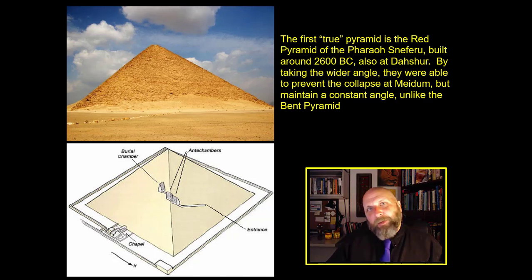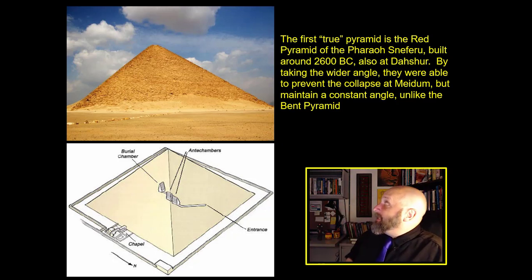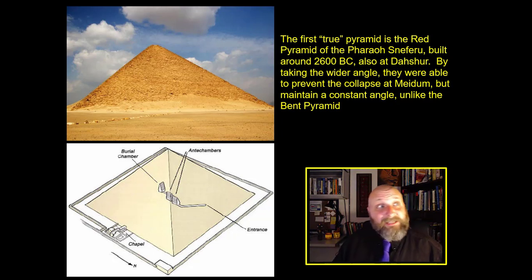And what they did with the red pyramid is that they basically took a really gentle angle for the entire thing. And the result is, you can see it right there. It's this very broad, not a terribly impressive pyramid, but one that's not bad, but one that shows them that they have worked out all of these engineering problems so that they don't have to create a bent pyramid, or that their pyramid's not going to fall apart like it did at Needham.